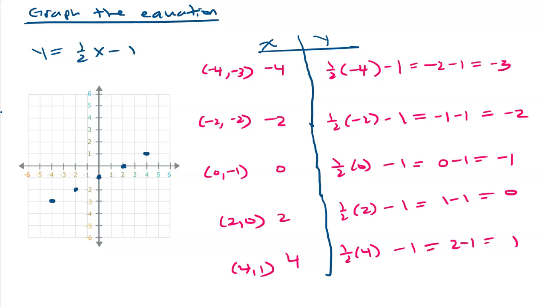Okay. And then, of course, this is a line, right? So when we connect this, we have arrows going in both directions because it goes on forever in both directions. So this would be our answer based off the table that we wrote down.